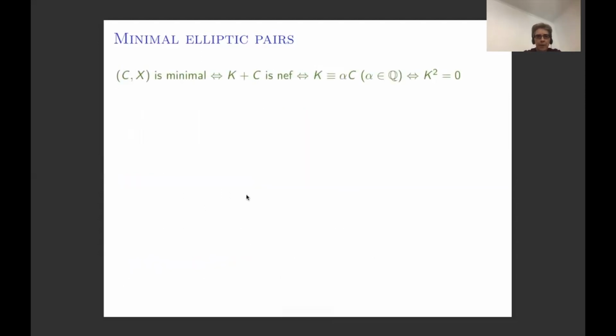And so summing up, an elliptic pair is minimal if K plus C is nef. And now it's a consequence of the Hodge index theorem that K plus C is nef if and only if K is a rational multiple of C. And that's equivalent also to K squared being 0.